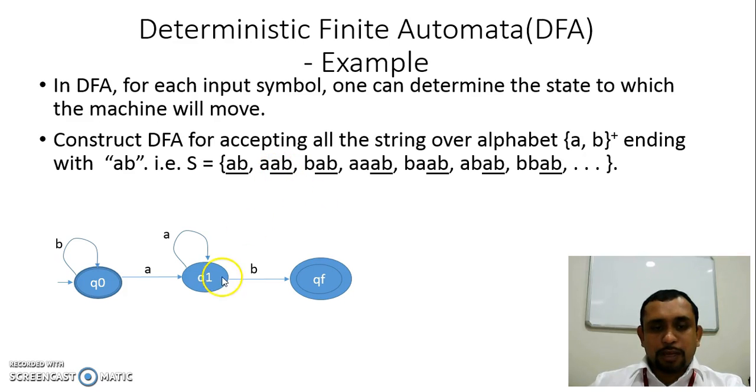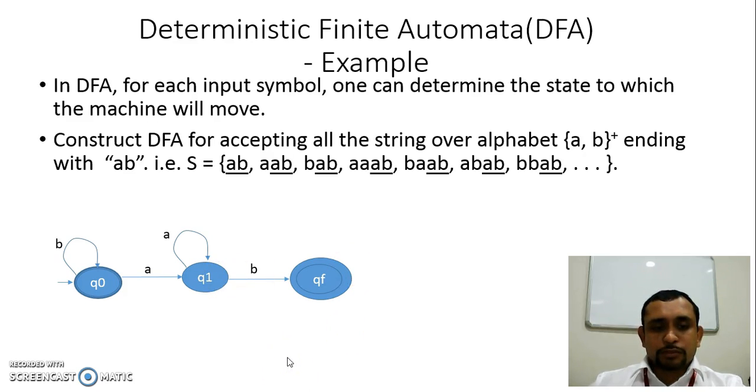For the second A, we have this, and for B, we have QF. So this can justify the third case as well. For this A and A, we will repeat this loop on Q1, like A and A followed by this last B.